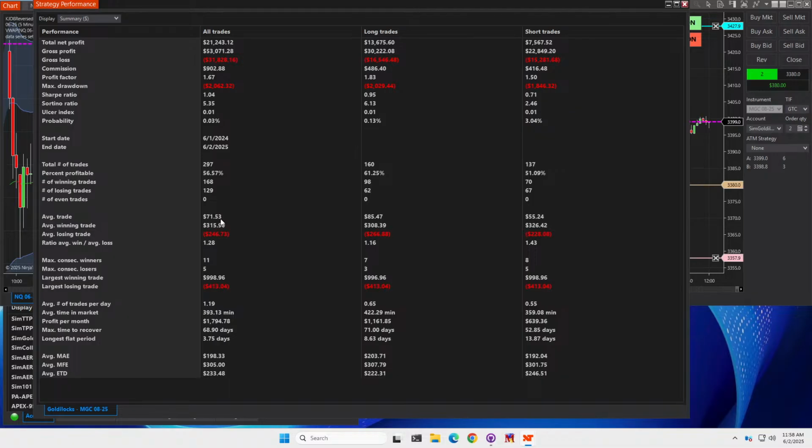Average is $71 a trade. 1.19 trades per day. So figure about 6 trades per week on average, which makes sense because the average time in market's like 6.5 hours. Longest flat period, 3 and 7.75 days. It's interesting.